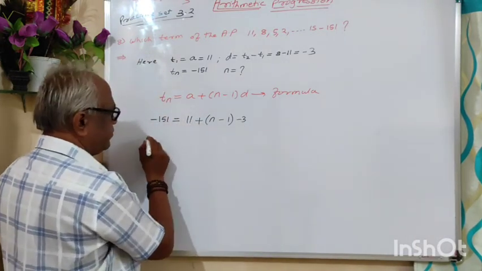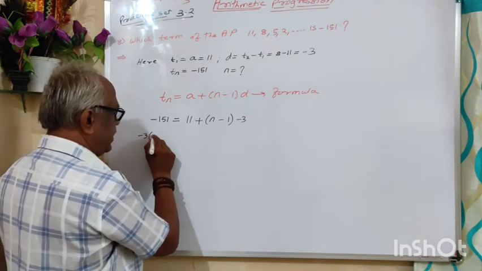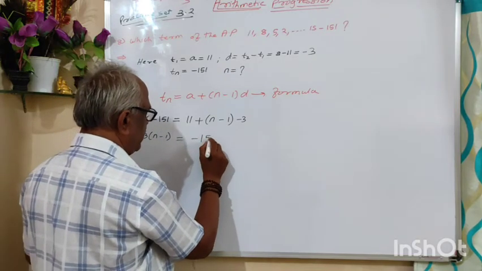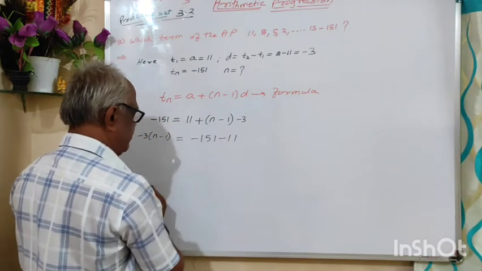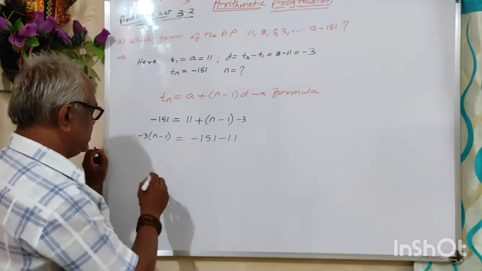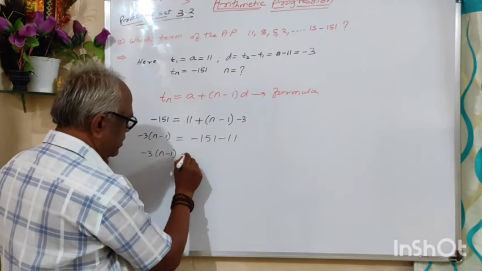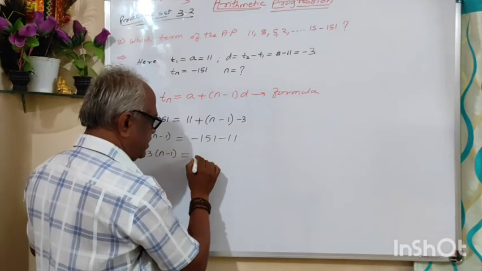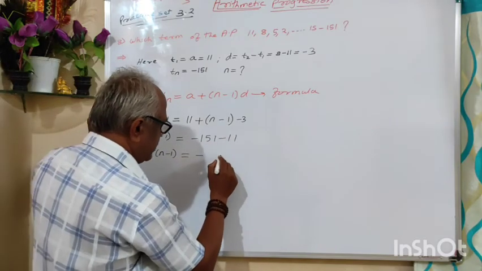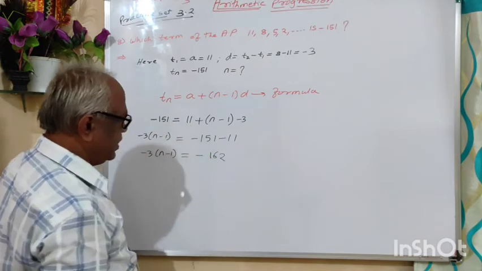Now minus 3 in bracket n minus 1 is equal to minus 151 minus 11. This plus 11 shifted to the other side becomes minus 11. So minus 3 in bracket n minus 1 is equal to minus 162; keep the minus sign as it is and add: 1 and 1 is 2, 5 and 1 is 6, and this 1 as it is.